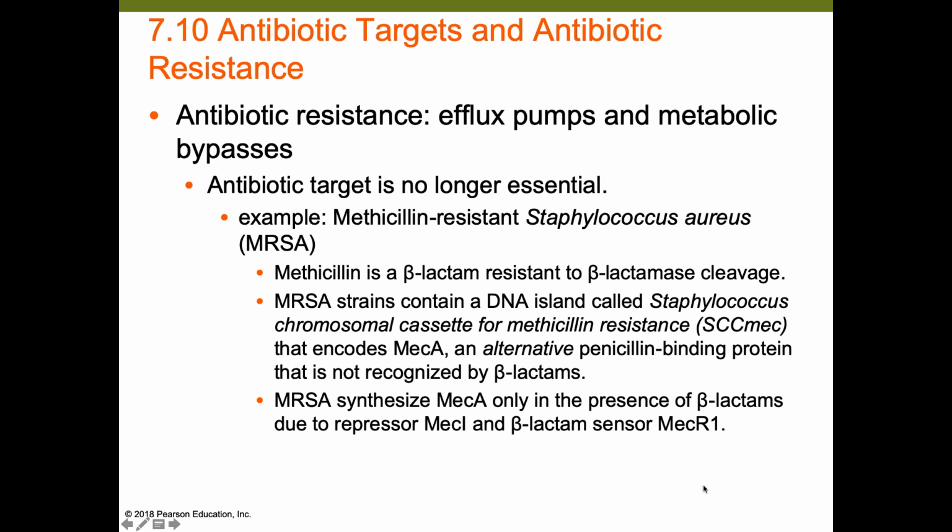I'm sure that the majority of you have heard of MRSA, methicillin-resistant Staph aureus. Methicillin-resistant Staph aureus comes about by bypassing the target of the antibiotic. Methicillin is a beta-lactam. However, it's been engineered. It's what we would call semi-synthetic.